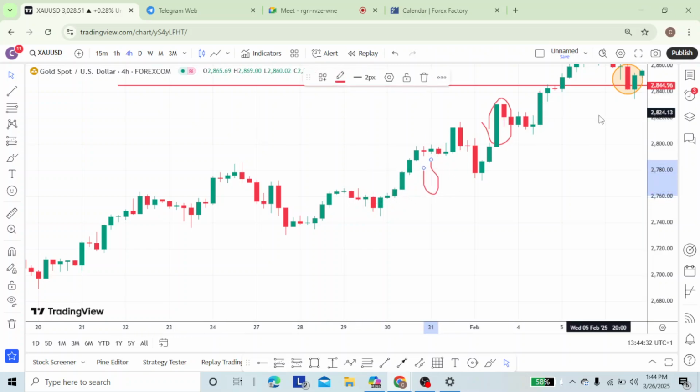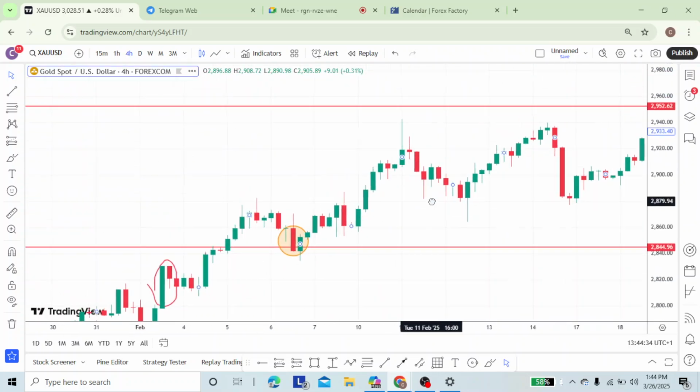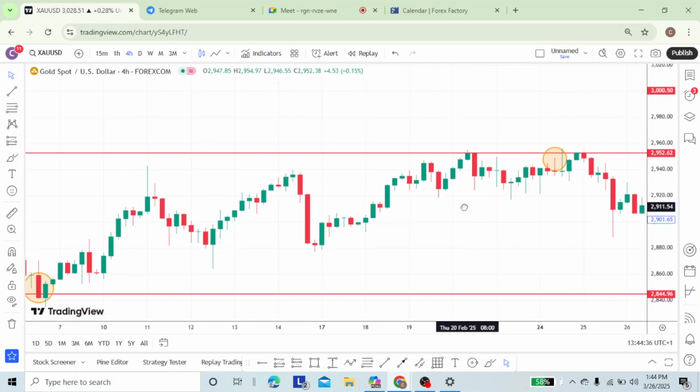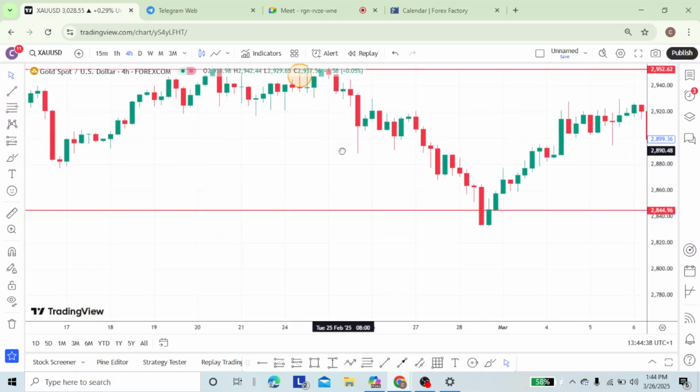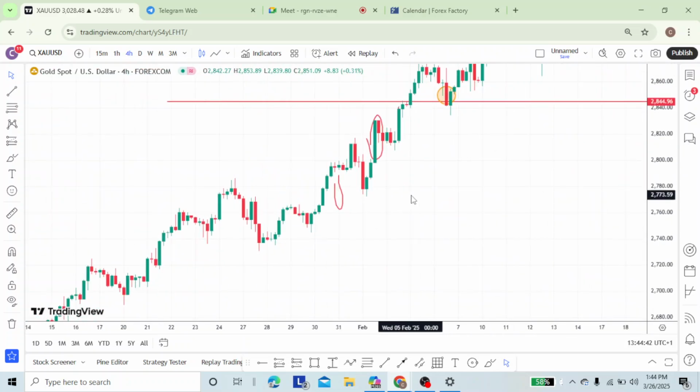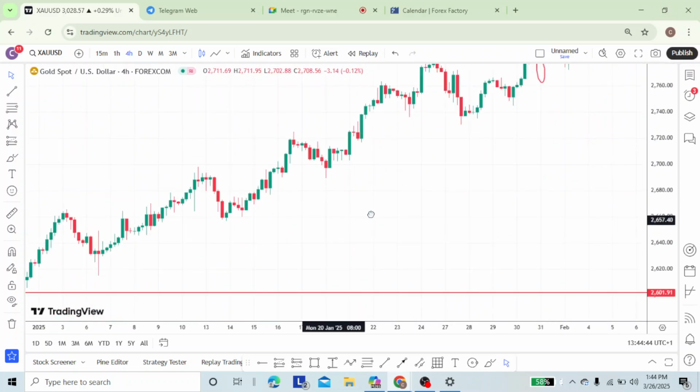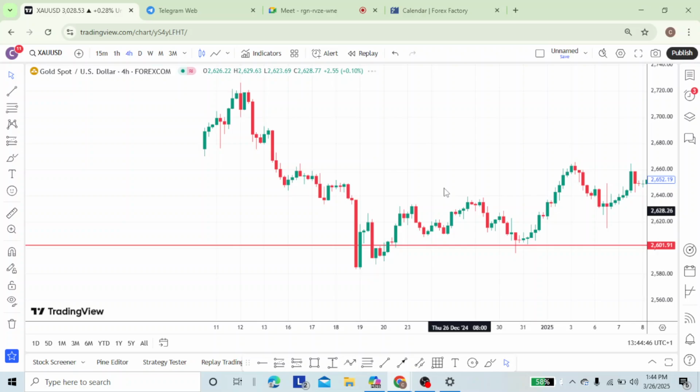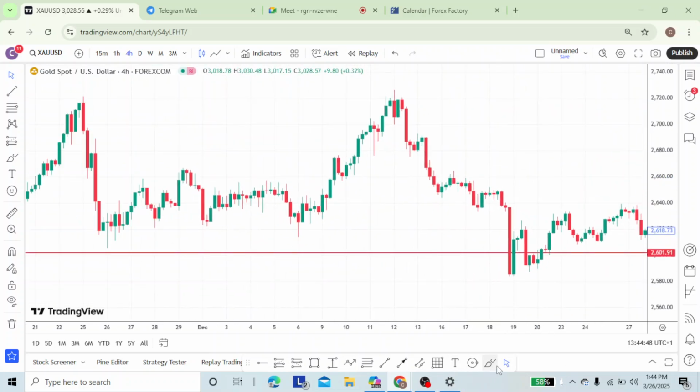Now let's look for the bearish Marubozu. You can see this is an example or illustration of what a bearish Marubozu looks like.